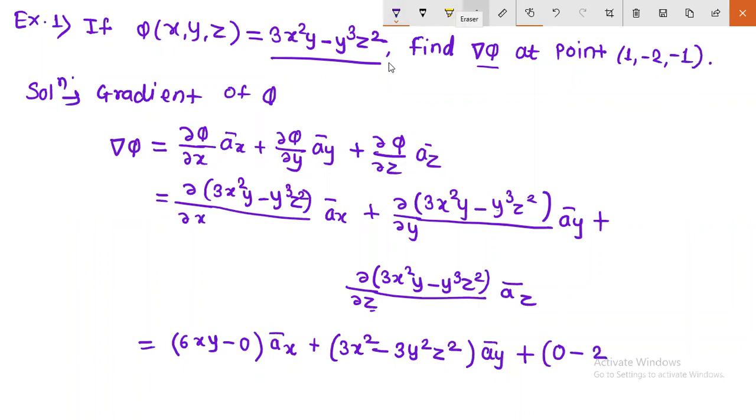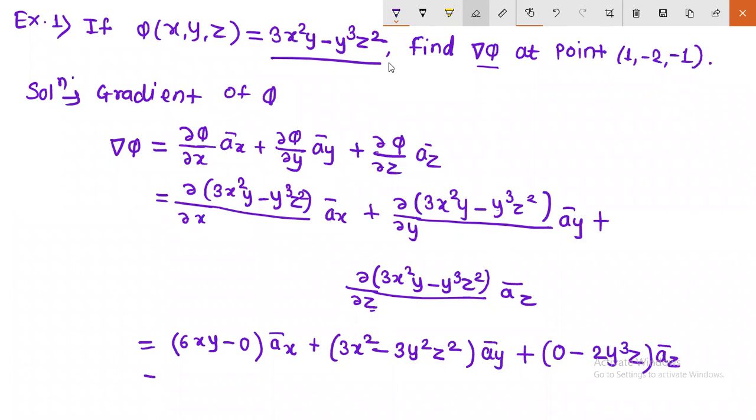So what will this term be? Minus 2z, and y cube will be there. So it is minus 2y cube z, into unit vector a bar z.